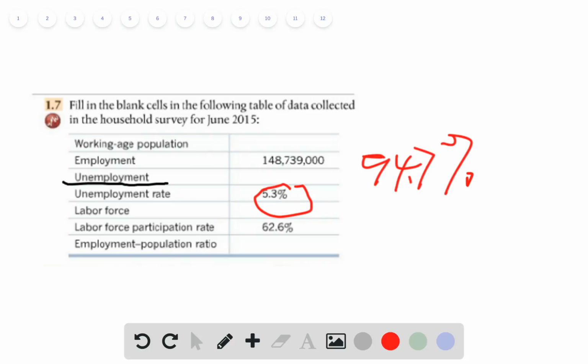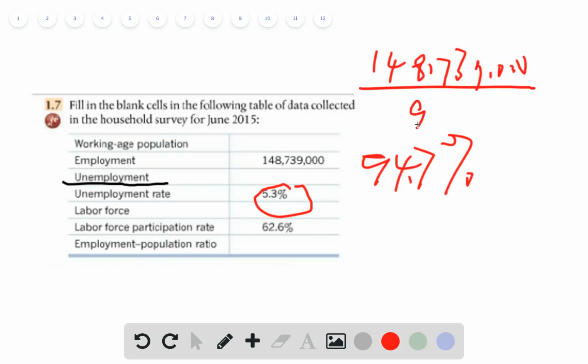So if we use the amount of employment, that is 148,739,000 divided by 94.7%. So this number is exactly the amount of labor force in this market.